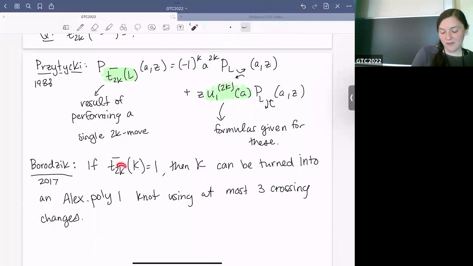Really, it's something like if k is odd, you need 2 crossing changes. If k is even, you need 3, but at most 3. Not to get to the unknot, but to get to Alexander polynomial 1.